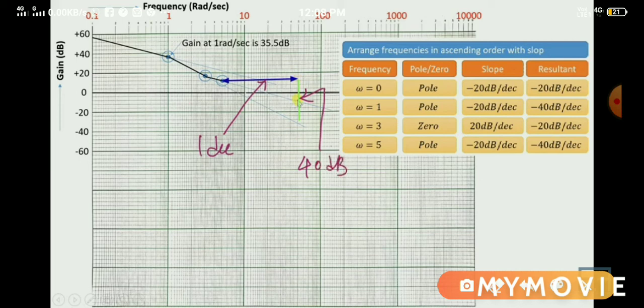So take a parallel line till omega equals 5 radian per second. Omega equals 5 radian per second. We have drawn this point. We got this point, right?